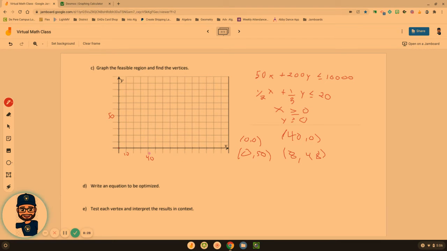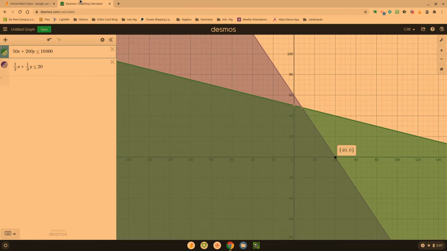We would have had a line that shot way up here like this. Another line that would have shot, that's not accurate. 8, 48, we would have had another point like right in there. All right, but you can use Desmos to figure out those vertices.